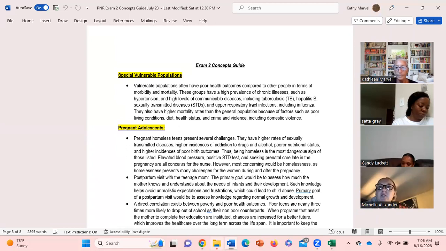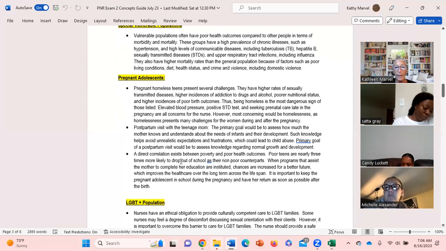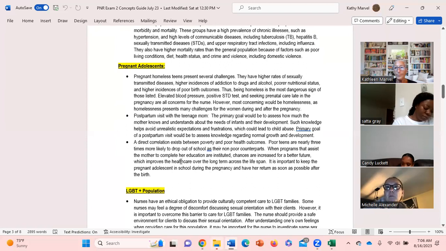STDs, tuberculosis, exposure to pesticides, substance abuse issues, mental health issues, right? Okay, they often have poorer health outcomes. And one of our special vulnerable populations we talked about was pregnant adolescents.